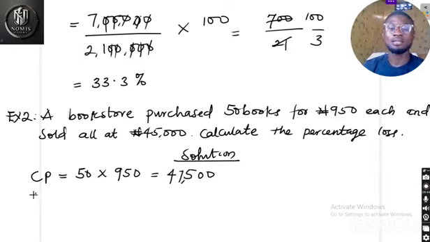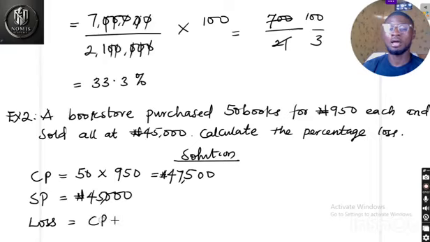The selling price is 45,000 naira. Looking carefully, you will see that the cost price, which is 47,500 naira, is greater than the selling price, so it is a loss. Loss is equal to cost price minus selling price.